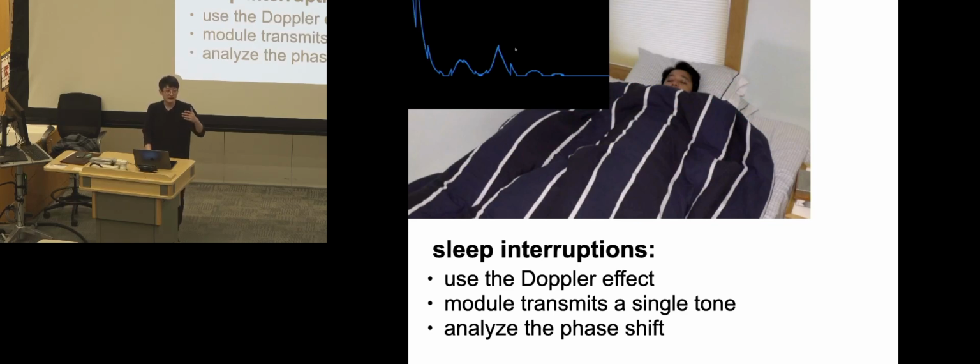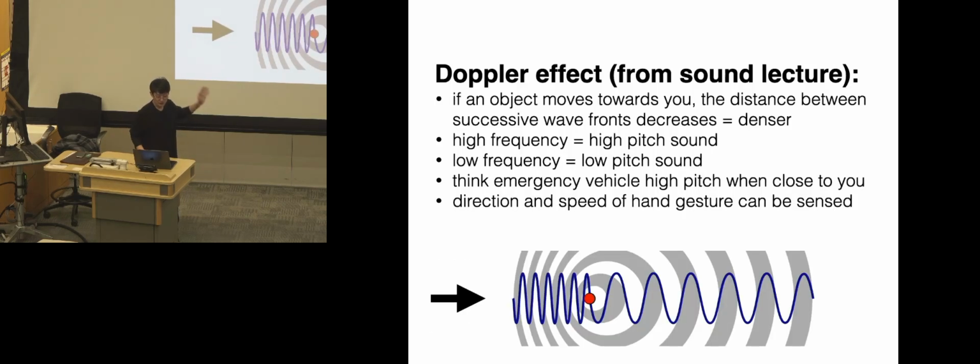So you can think of it as posture detection, and use that to decide which sleep stage you are at the moment. I think you should probably all be familiar with the Doppler effect. Basically, with sound, if you're going towards it, it changes the pitch. If you go further away from it, it changes the pitch.